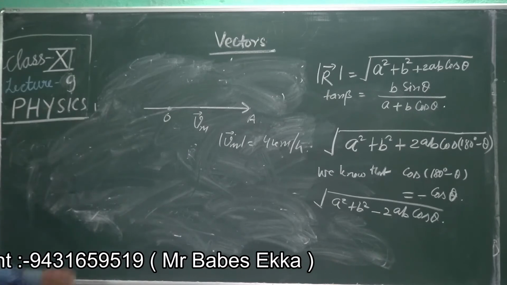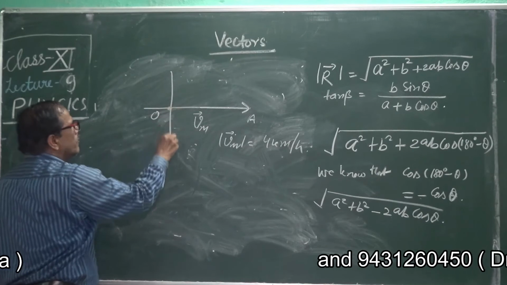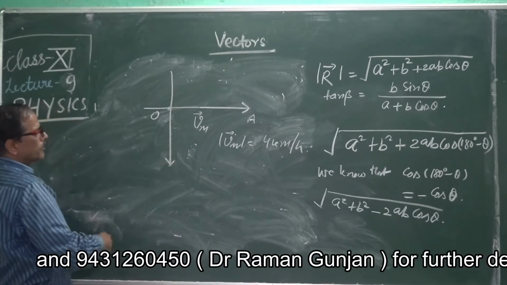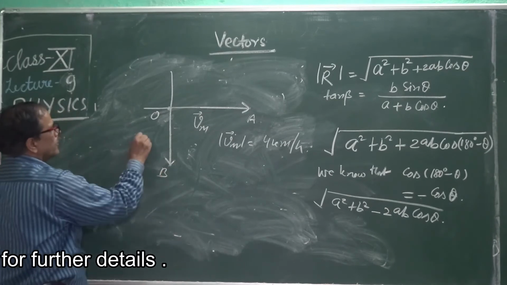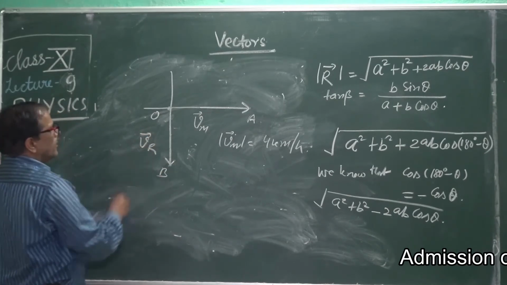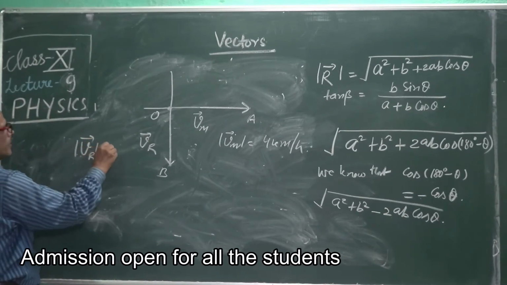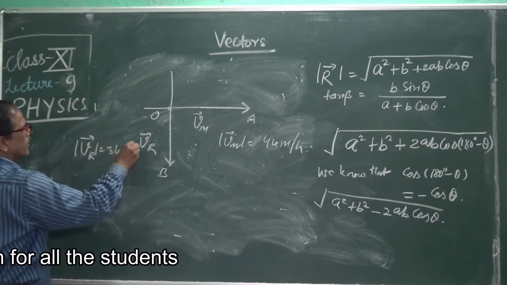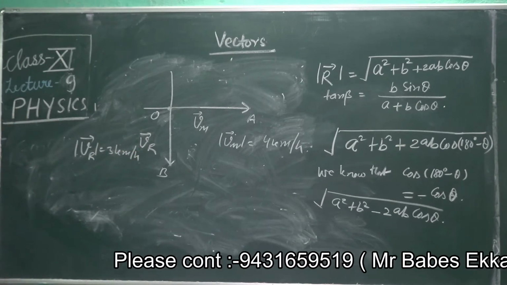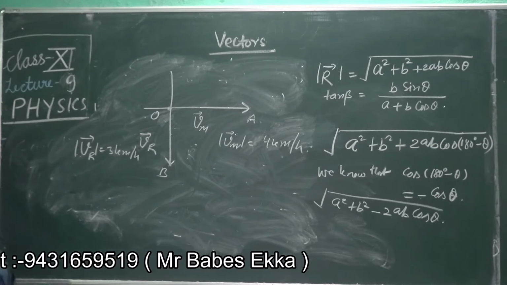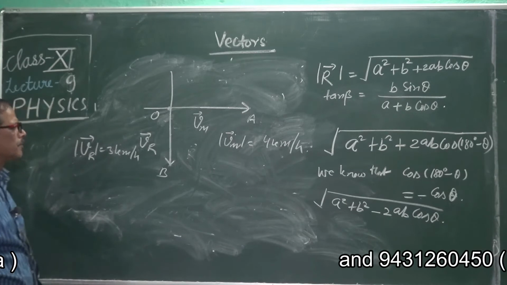Okay, and rain is falling vertically downward, so we say OB. This is rain, and magnitude of rain falling is 3 kilometer per hour.